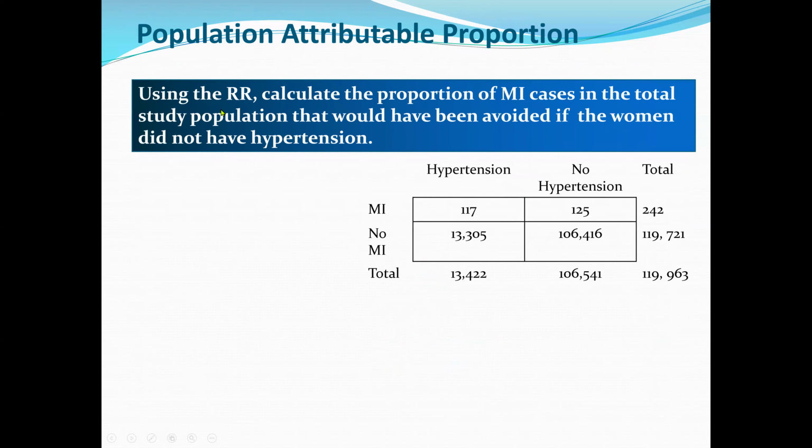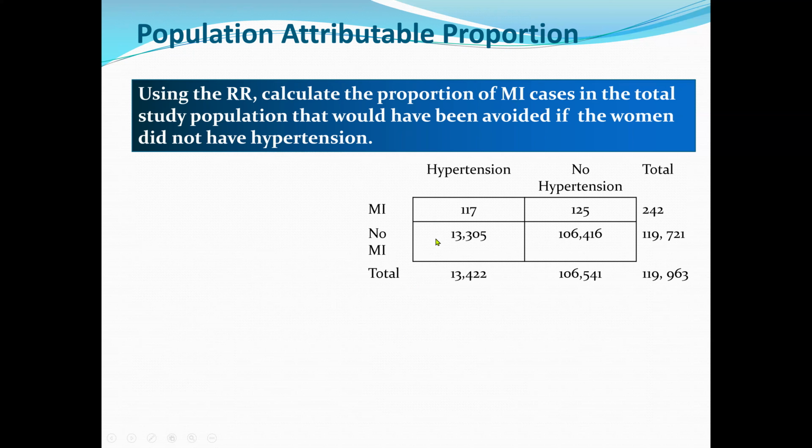Here we say, using the RR, we should calculate the proportion of MI cases in the total study population that would have been avoided if the women did not have hypertension. MI is myocardial infarction, which is our disease. We saw this example in part 1.